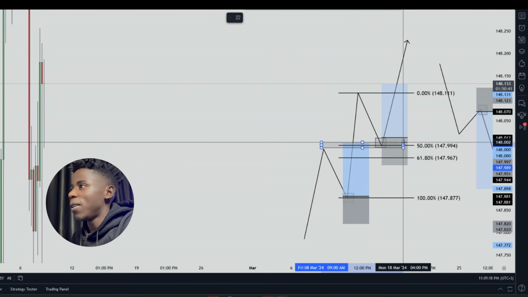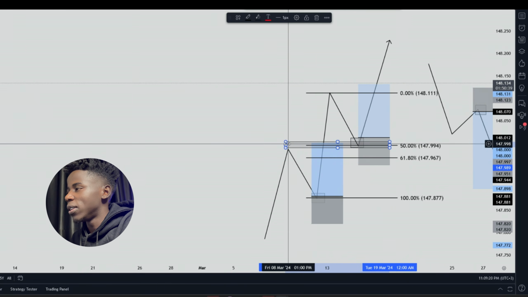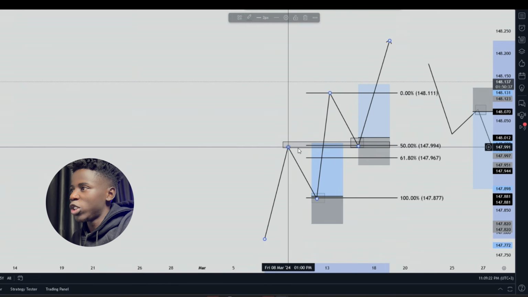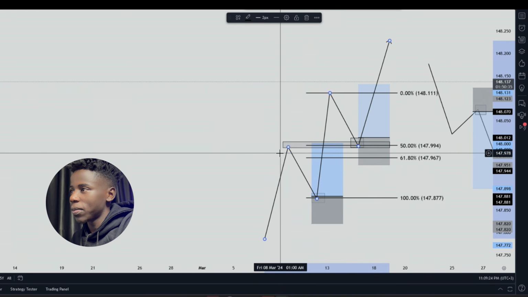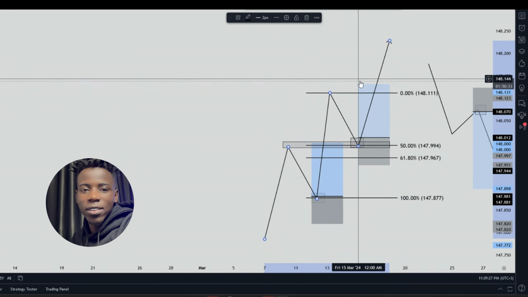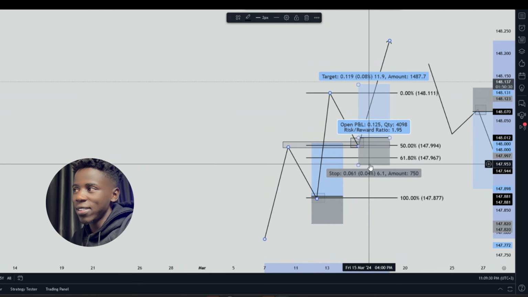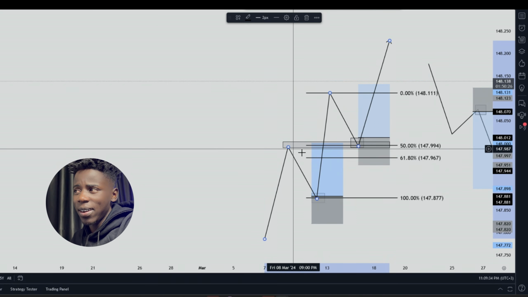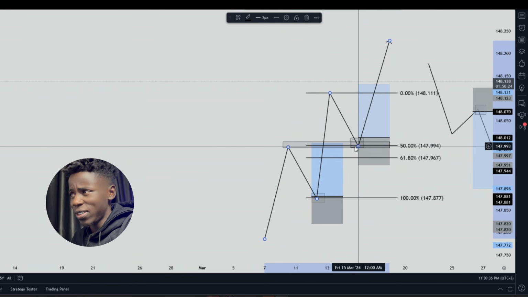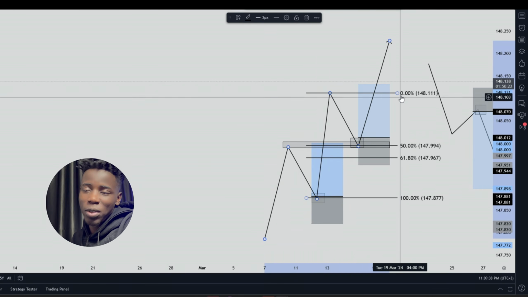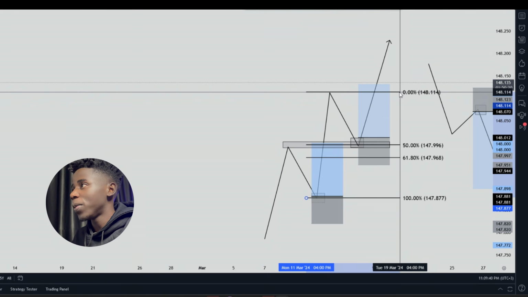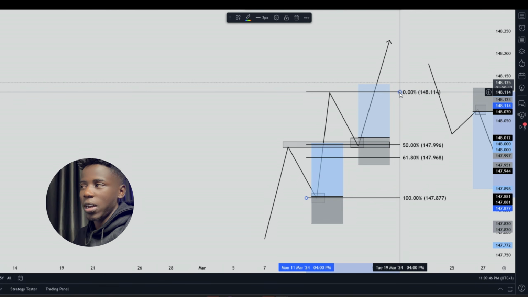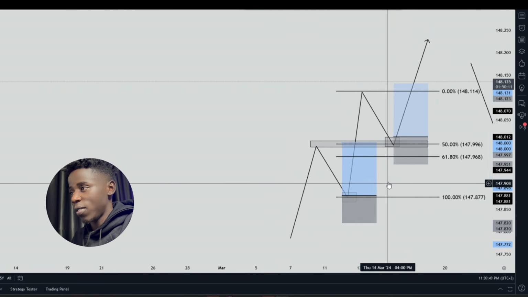If this is a retracement, it should bounce most of the time from the previous resistance, using it as a support. Are you getting me here? This is a previous resistance which was broken, and it is being used as a support. At the same time, it is the 50% of the Fibonacci level. I will show you this from the live market.